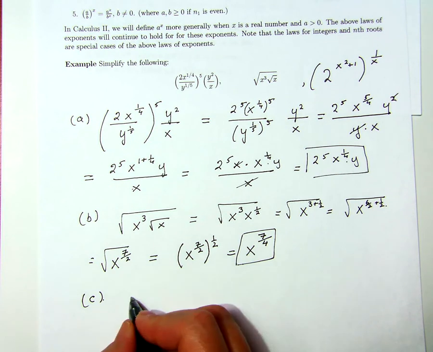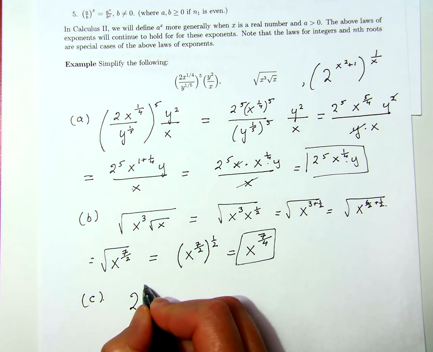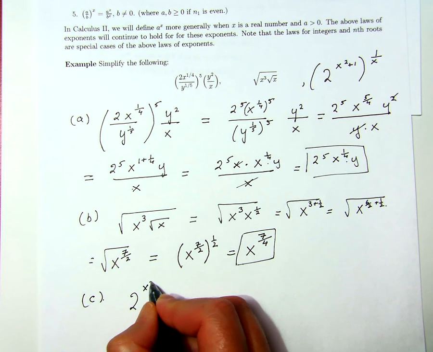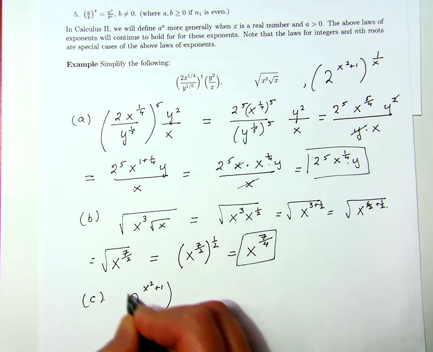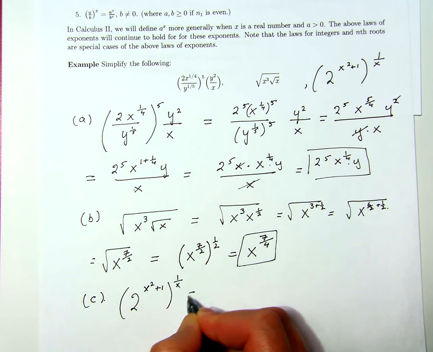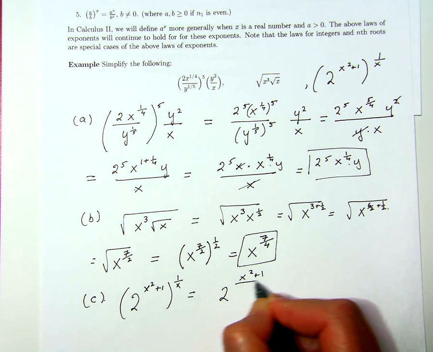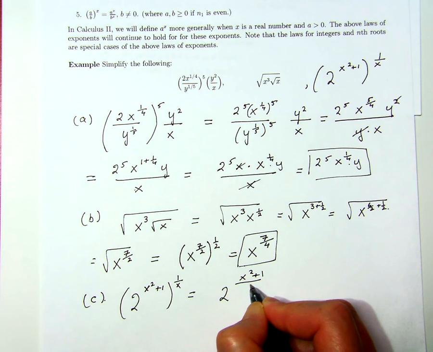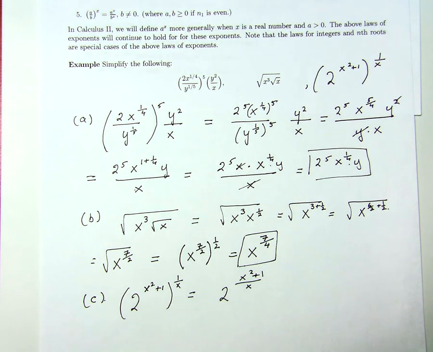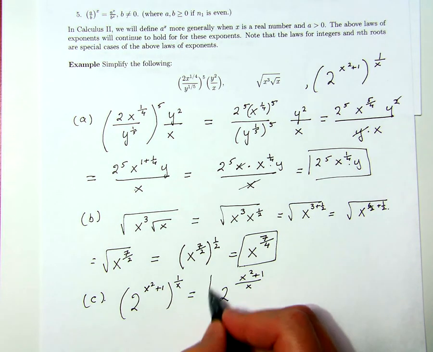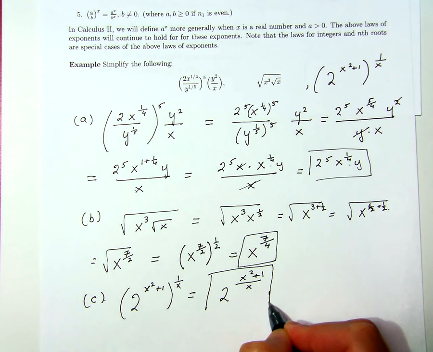And the point here is that 2 to the x squared plus 1 all raised to the power of 1 over x is 2 to the x squared plus 1 over x. I'm multiplying the powers here. And that's about as simple as it gets for the moment.